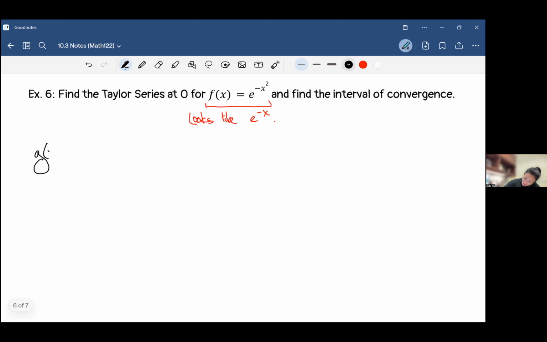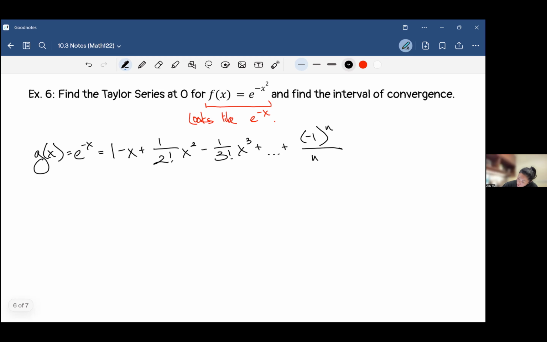So we're going to use that knowledge. Let's let our g of x equal e to the negative x. And we know that the Taylor series for this is 1 minus x plus 1 over 2 factorial x squared minus 1 over 3 factorial x cubed, plus there's an alternating term, so I need that negative 1 to the n over n factorial x to the n.